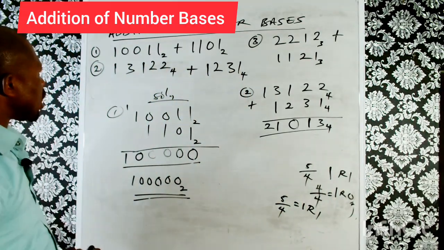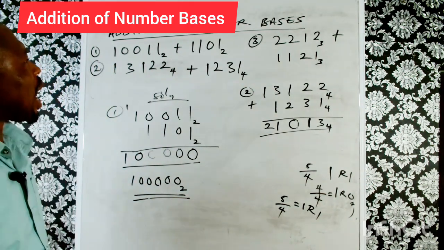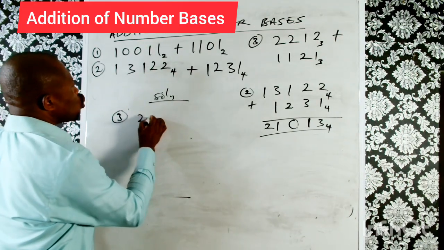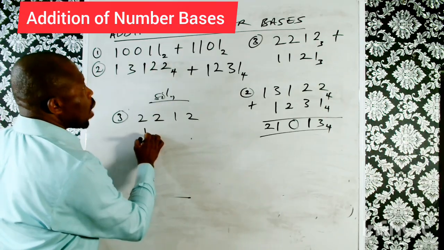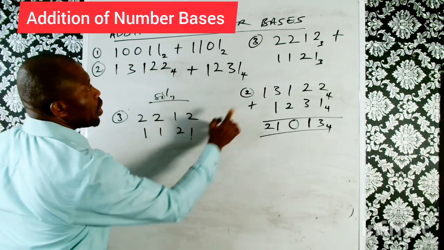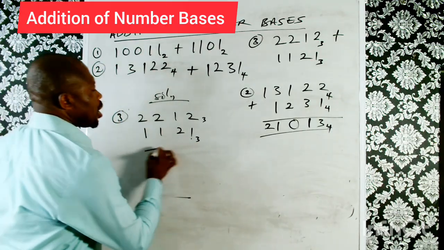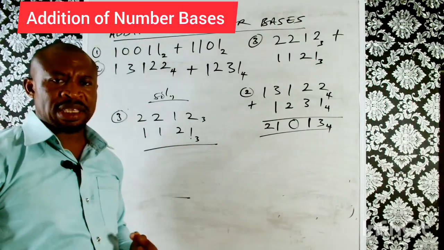Now, for the third one, we have that number 2, 2, 1, 2 plus 1, 1, 2, 1. Remember, these are in base 3. Adding these two values in base 3.